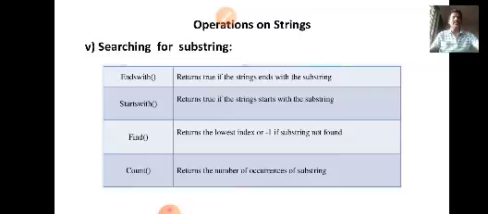Find returns the lowest index or -1 if substring not found. -1 is also an index in Python programming that represents the lowest value of an index, means backward moving or backward tracing. So that time we use that -1 for indexes. Count returns the number of occurrences of substrings. Okay, these are all the functions for searching a substring.